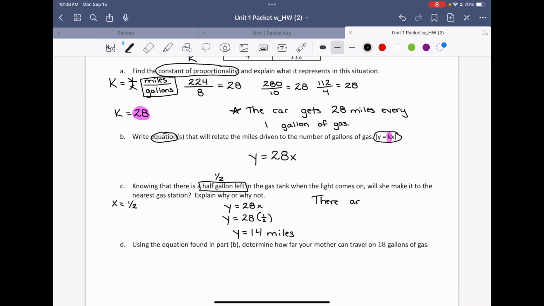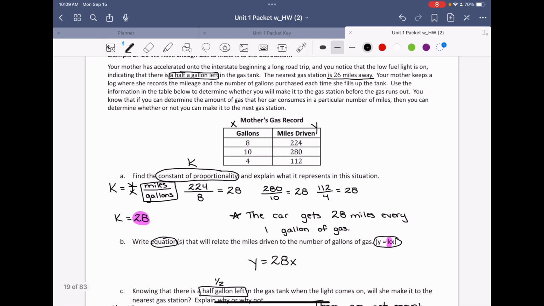There are not enough miles left based on the gas in the tank. Because remember, the nearest gas station is 26 miles away.